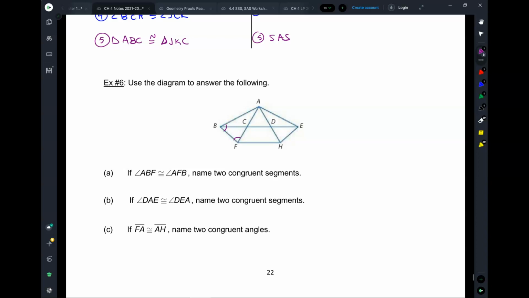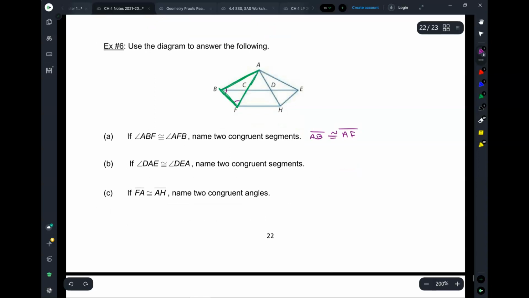Each of these statements is its own standalone statement. So I want to highlight the triangle it's talking about. Inside that triangle, those 2 bottom angles are congruent. That means what's congruent to what? AB is congruent to AF, or BA and FA.